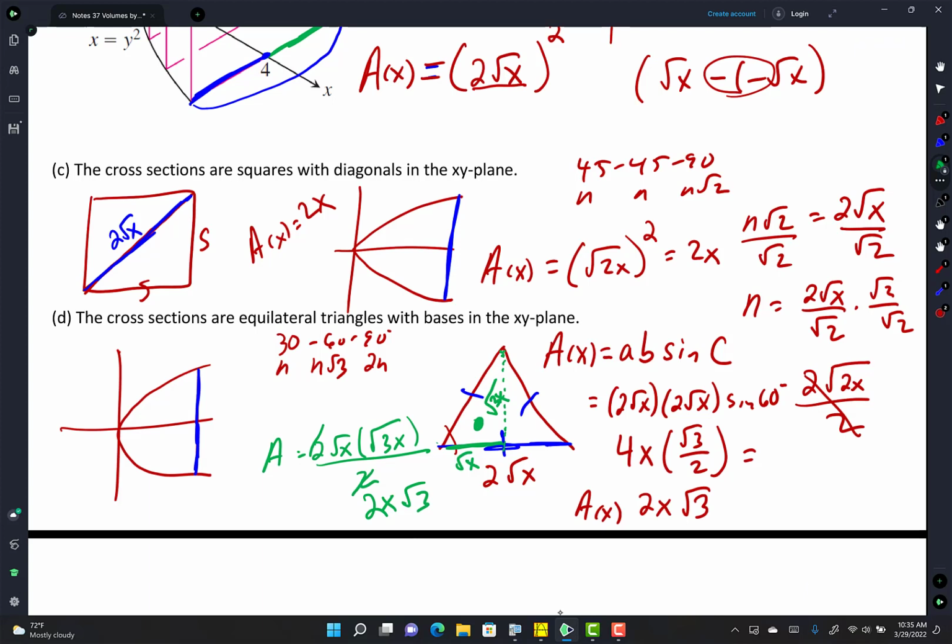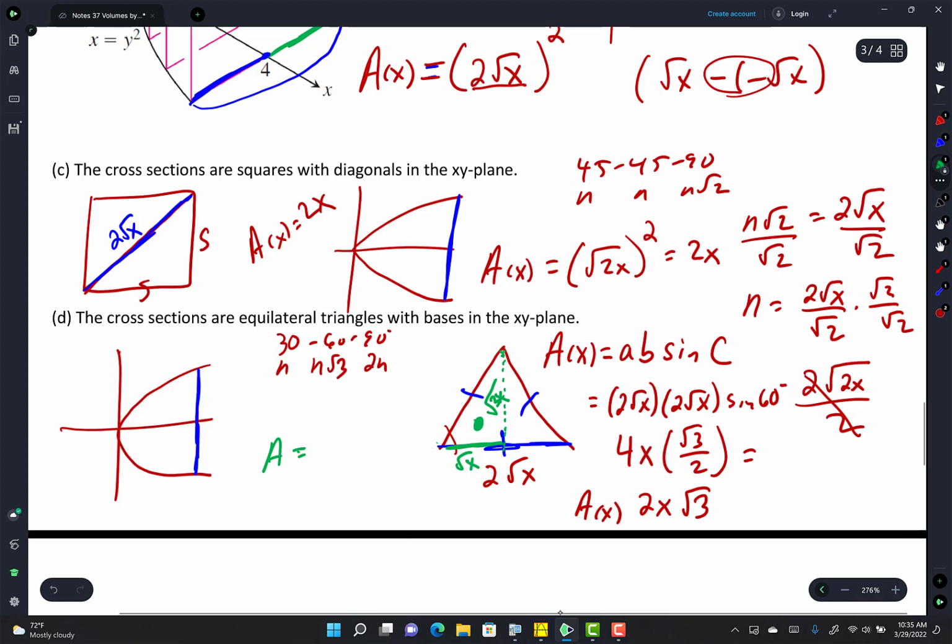Oh no, because I put 2 square root of x there. 1/2 base. Let me start again. I confused myself. 1/2 base. The whole base is 2 square root of x times height, and the height is square root of 3x. Okay, we're done.